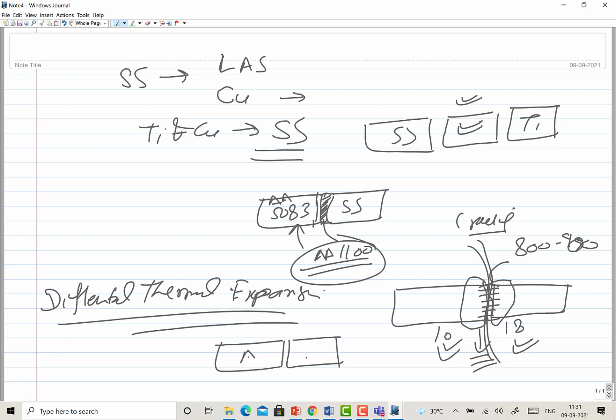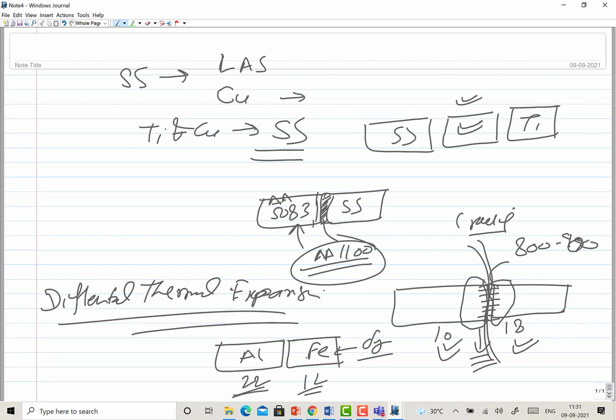A common example of this is steel and aluminum. Whenever the two are joined directly, you will see steel is around 12 units of thermal expansion coefficient, and aluminum is around 22. So there is a great difference, and because of it greater expansion and contraction of the aluminum will take place as compared to steel. Steel has high yield strength, although low ductility.